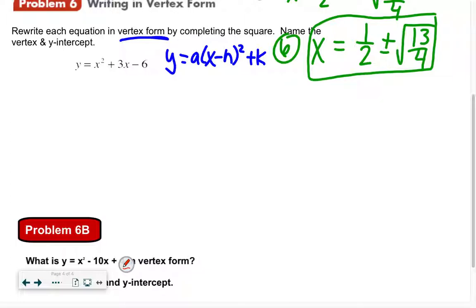Okay, step 1, x's all on one side, constants on the other. So what should I do with the 6? Add it over. Y plus 6 equals x squared plus 3x.